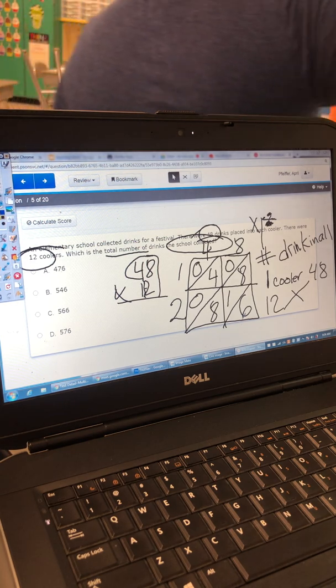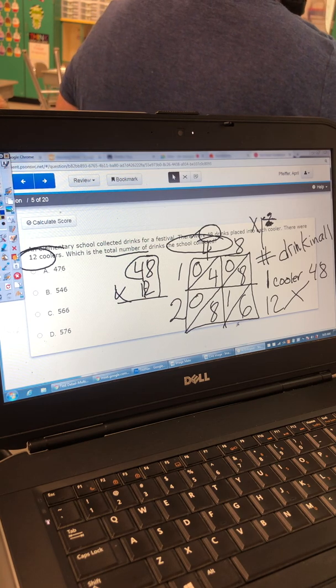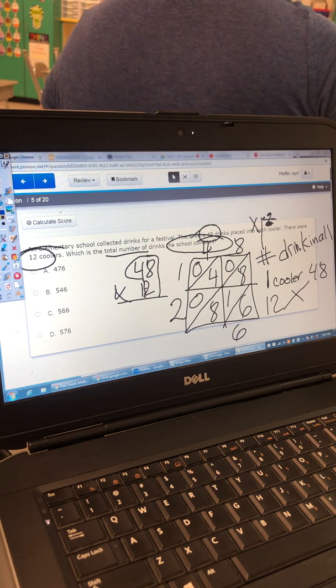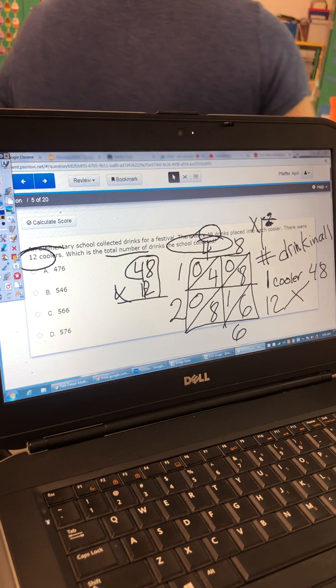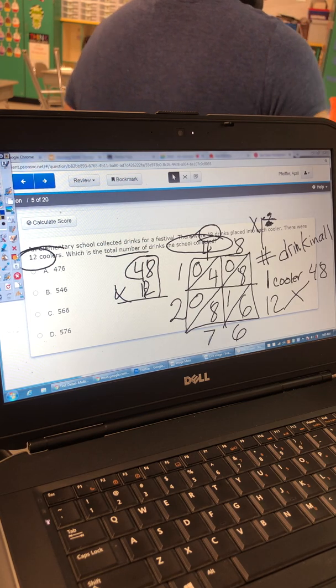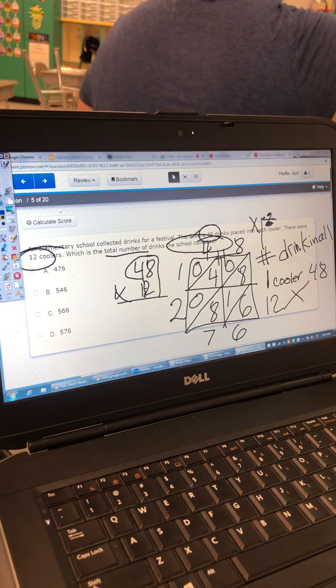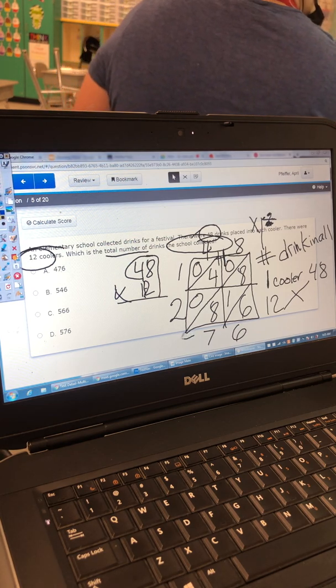So then you just add laterally. So you're going to take your 6. 6 plus 0 is 6. You're going to say 8 plus 1 plus 8. So 8 plus 8 is 16 plus 1 is 17. So I'm going to put down my 7, and I'm going to regroup my 1 up here to this lateral. So 4 plus 1 is 5.